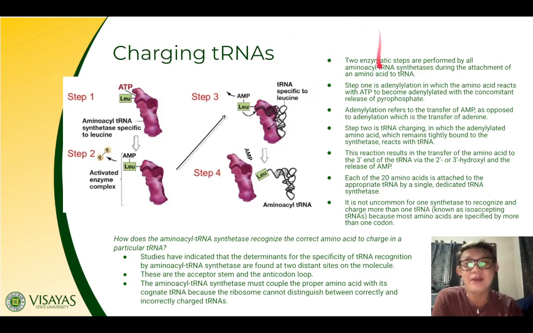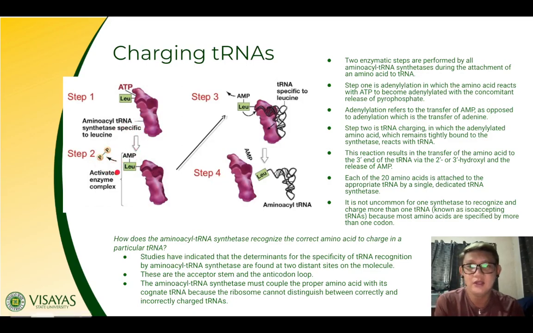Two enzymatic steps are performed by all aminoacyl-tRNA synthetases during the attachment of an amino acid to tRNA. Step 1 is the adenylation, in which the amino acid reacts with ATP to become adenylated, with the concomitant release of a pyrophosphate.